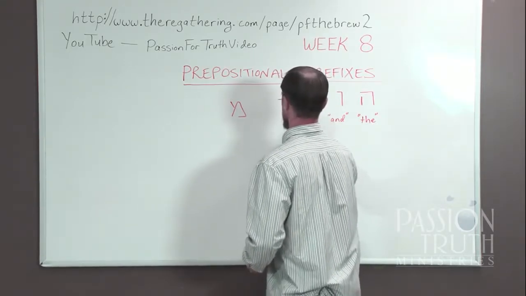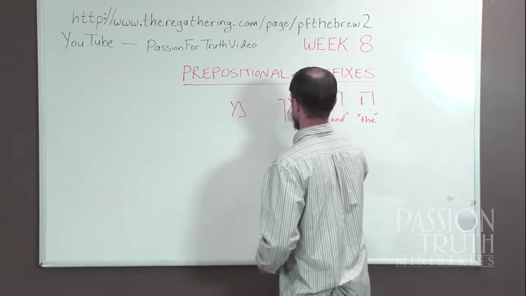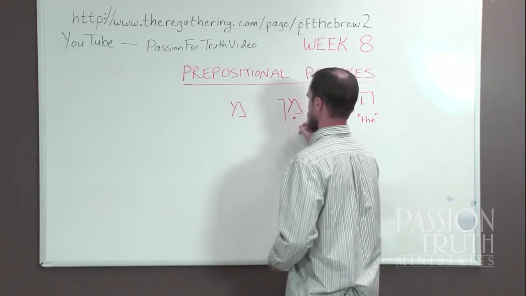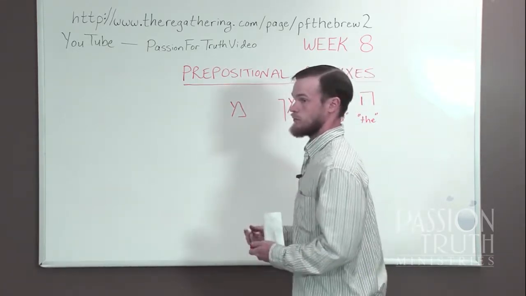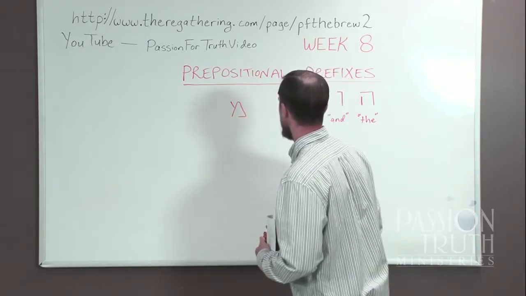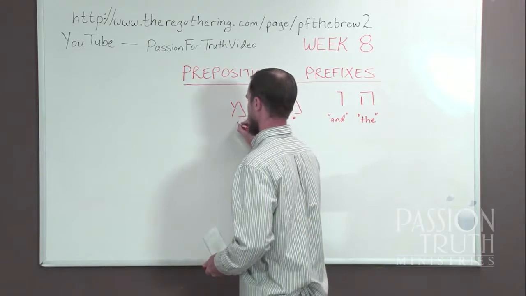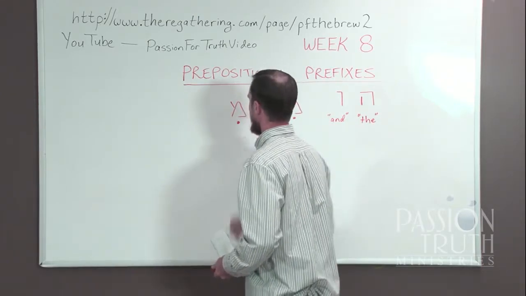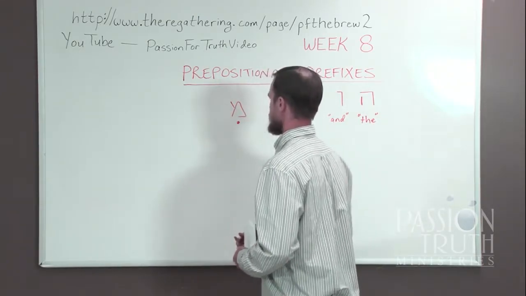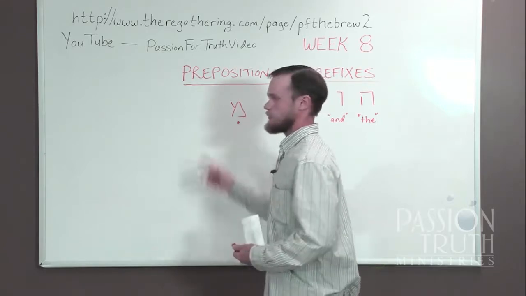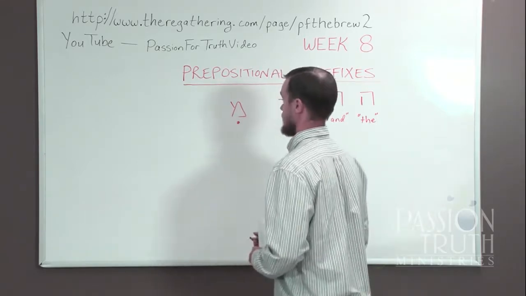The word min, which means from, can also be shortened to just a mem prefix in front of a word. The vowel that usually accompanies the mem is a chirik. And when this is the case, the letter that immediately follows the mem will take a dagesh.